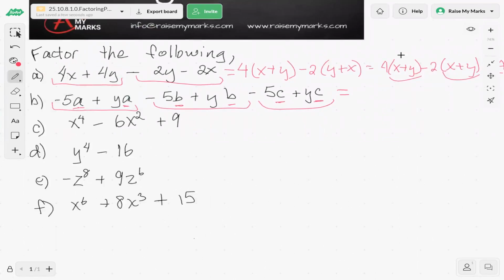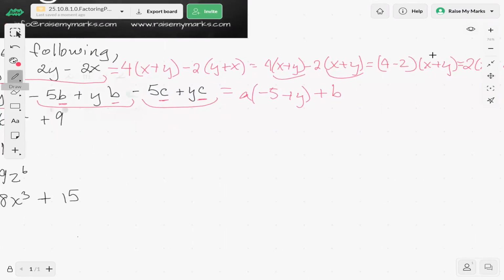So this equals, let's factor out the a. Then we have negative 5 plus y. Great. Plus, let's factor out the b. And what do we get? We get b times negative 5 plus y. Plus, in the third pair, factor out the c, and we have c times negative 5 plus y.